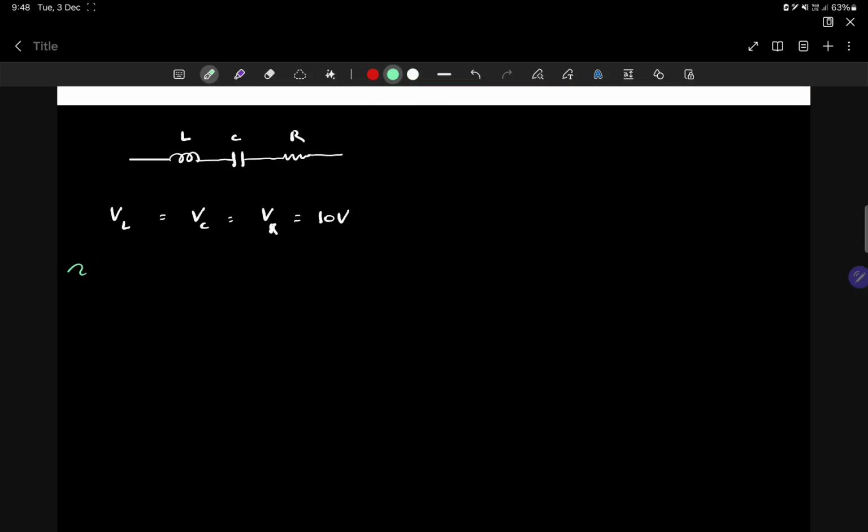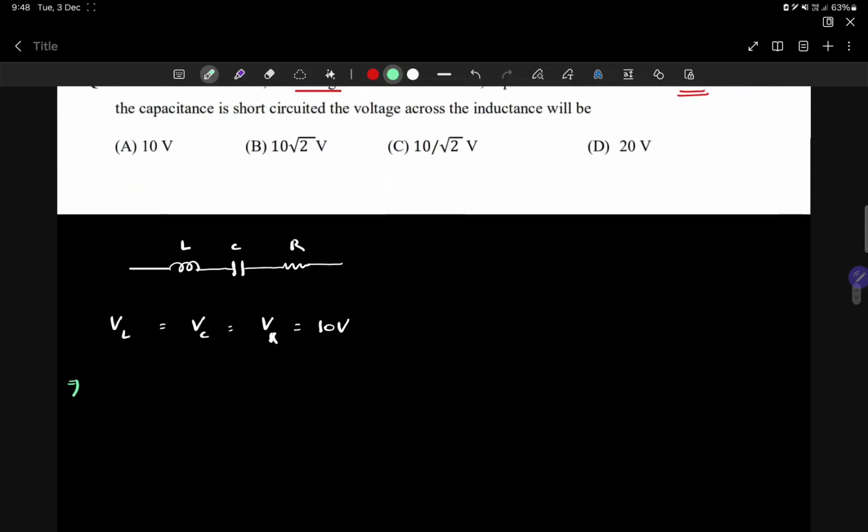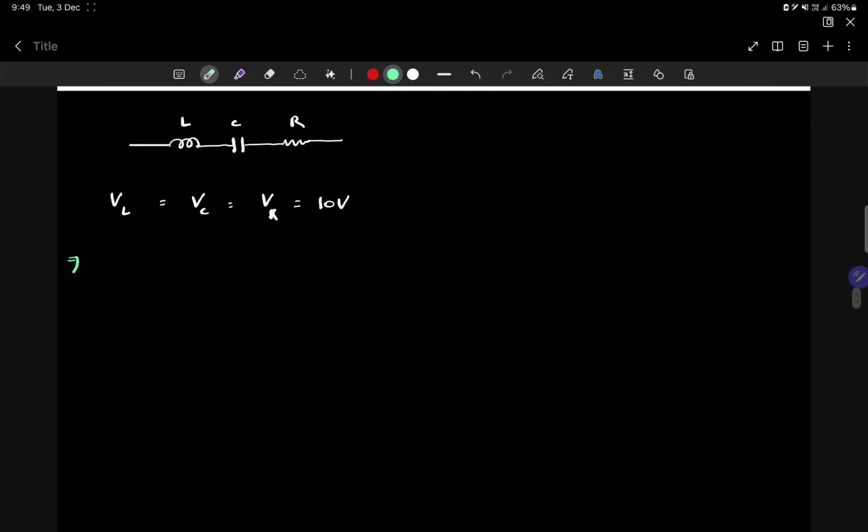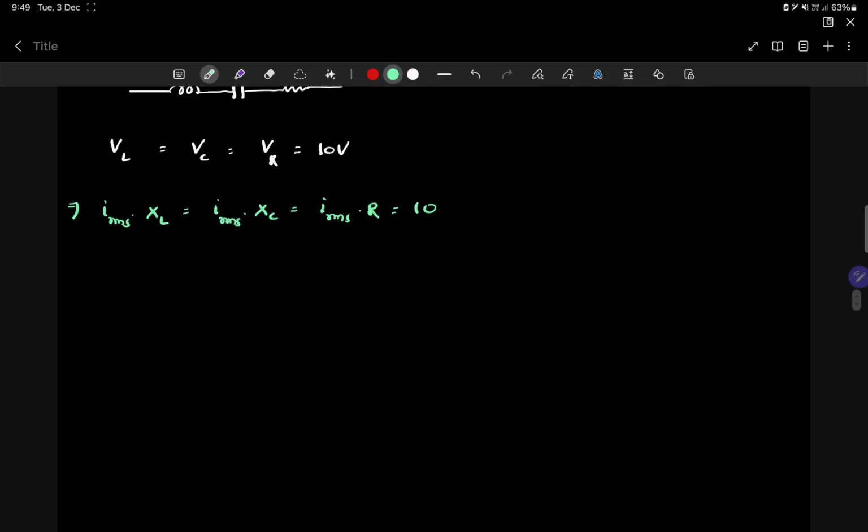So instead of VL we can write, and that current is your RMS current, I RMS into XL is equal to I RMS into XC is equal to I RMS into R is equal to 10. By solving, we can write XL equals XC equals R equals 10.